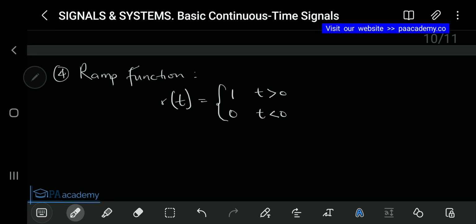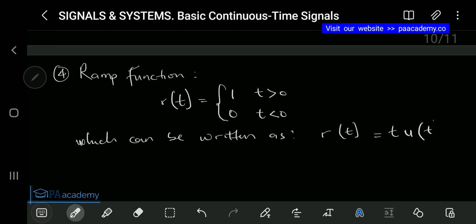It can also be written as r of t is equal to t u of t. Exactly. All right.